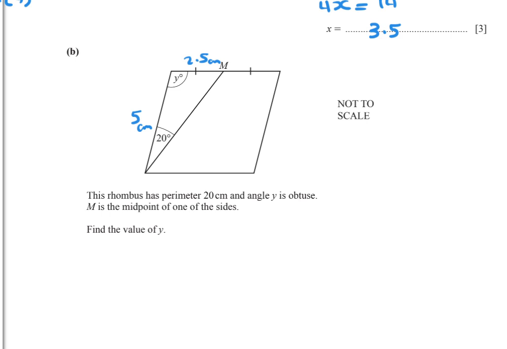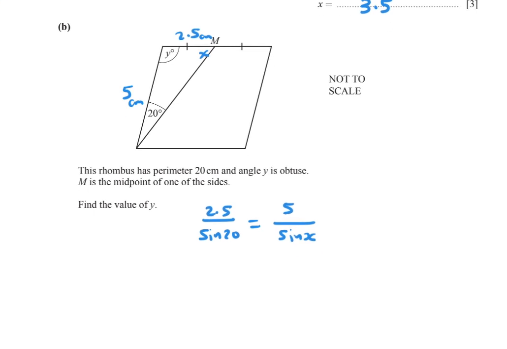Now to find angle y, you can use the sine rule, because we have two sides and an angle. So 2.5 over sine 20 equals 5 over sine, and we can call this angle x. So 2.5 over sine 20 equals 5 over sine x. Now we can find sine x, then find x.